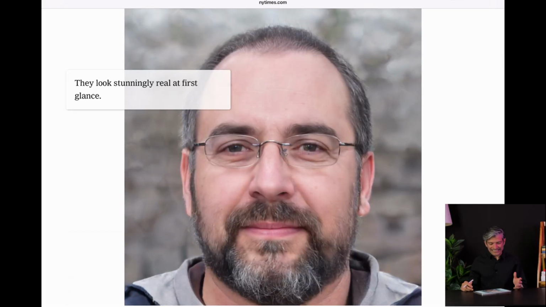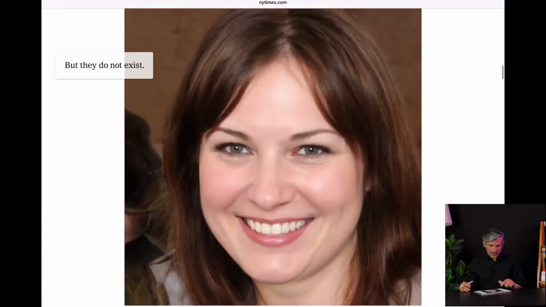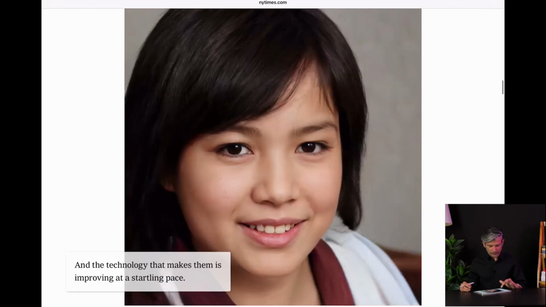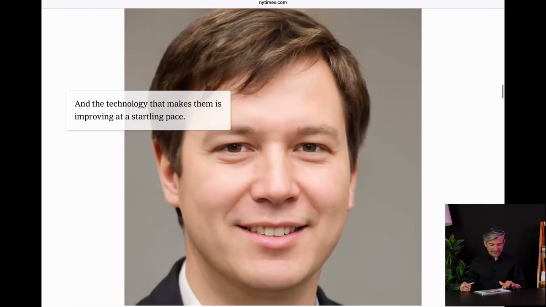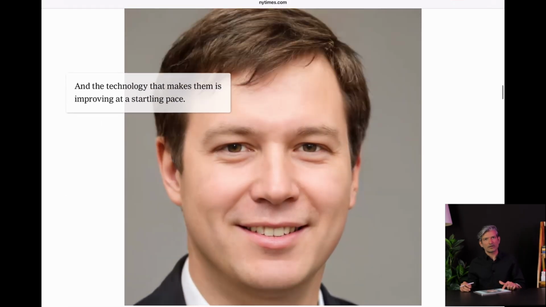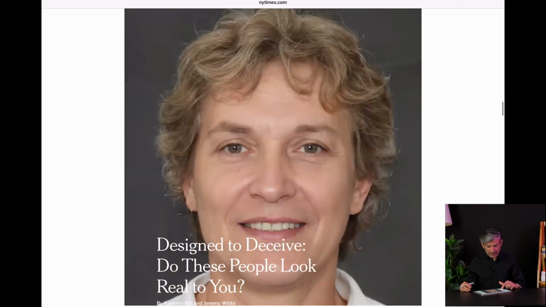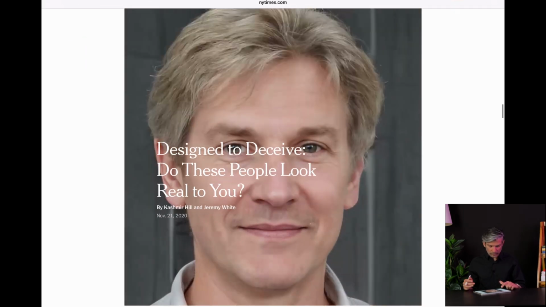And they look stunningly real at first glance, don't they? But they do not exist. They were born from the mind of a computer, and the technology that makes them is improving at a startling rate. And this article was written a long time ago. This was written on the 21st of November 2020, designed to deceive.